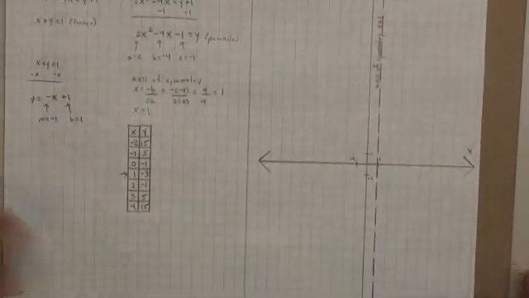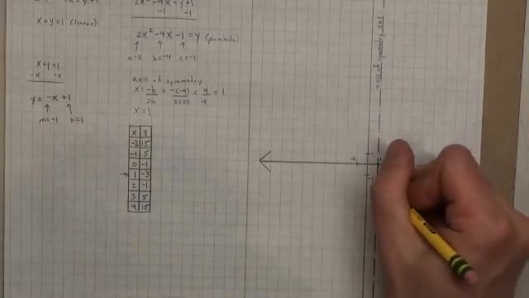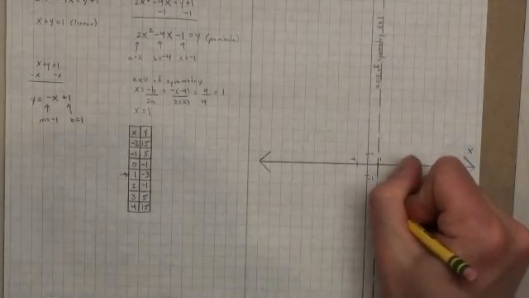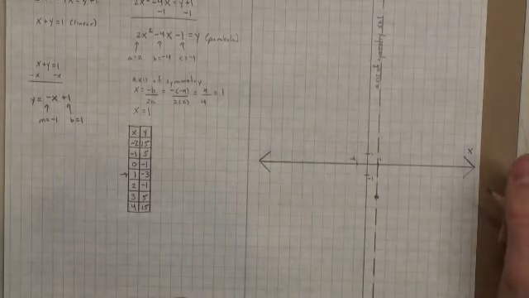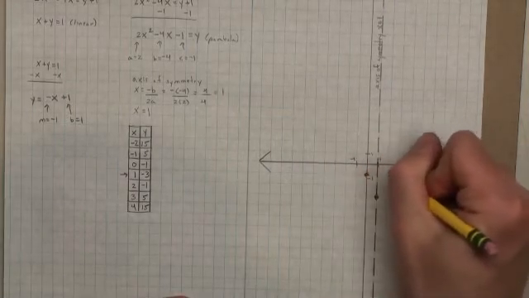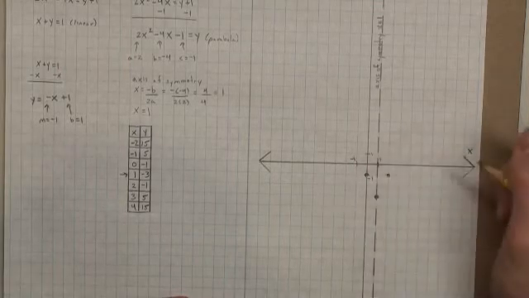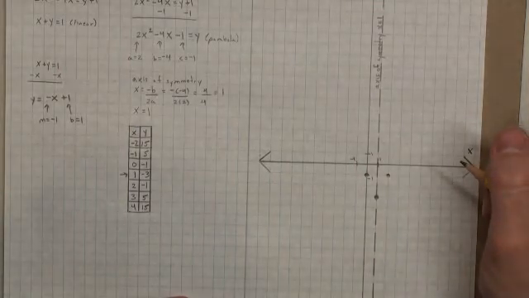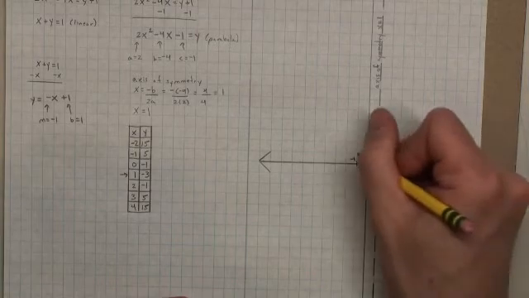Now let's plot our parabola. I'll start with the vertex at 1, negative 3. Then we have 0, negative 1, and 2, negative 1. Then we have negative 1, 5, and 3, 5.